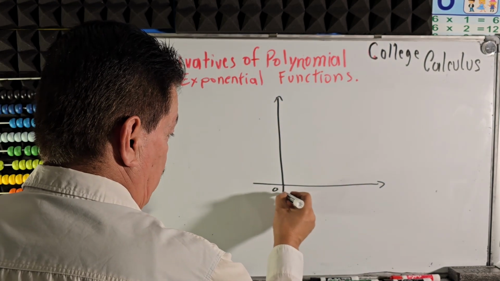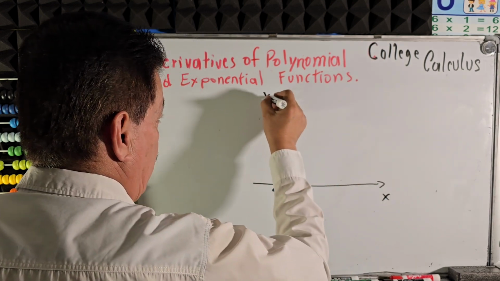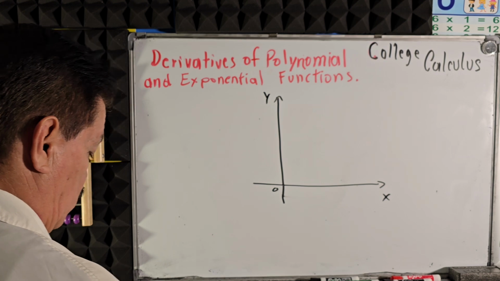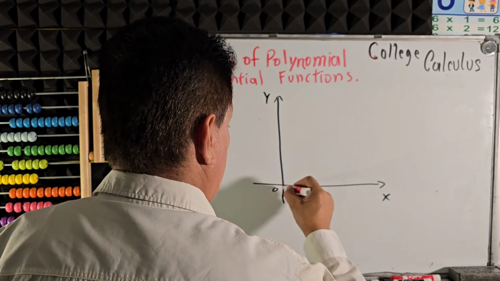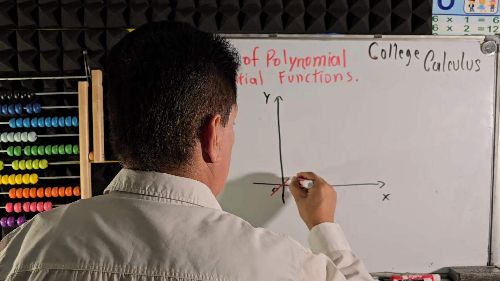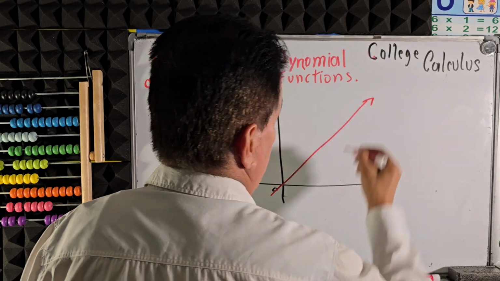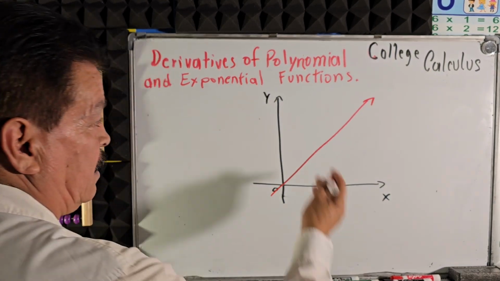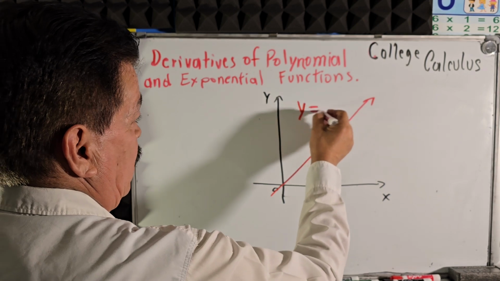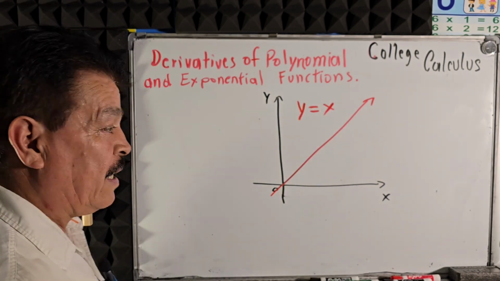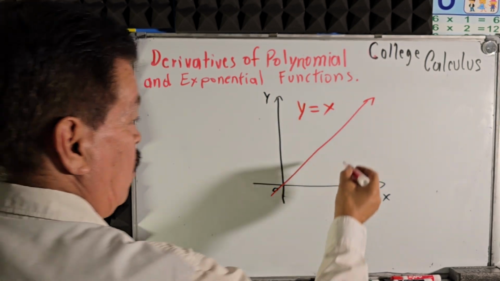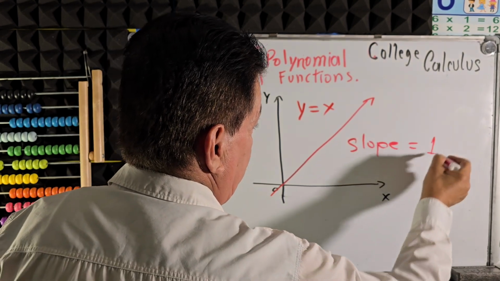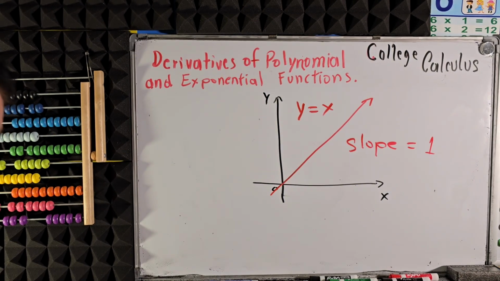We have 0 right here, we have x, we have y. The graph is exactly like this, in the center, so this line is y equals x, and then the slope equals 1.